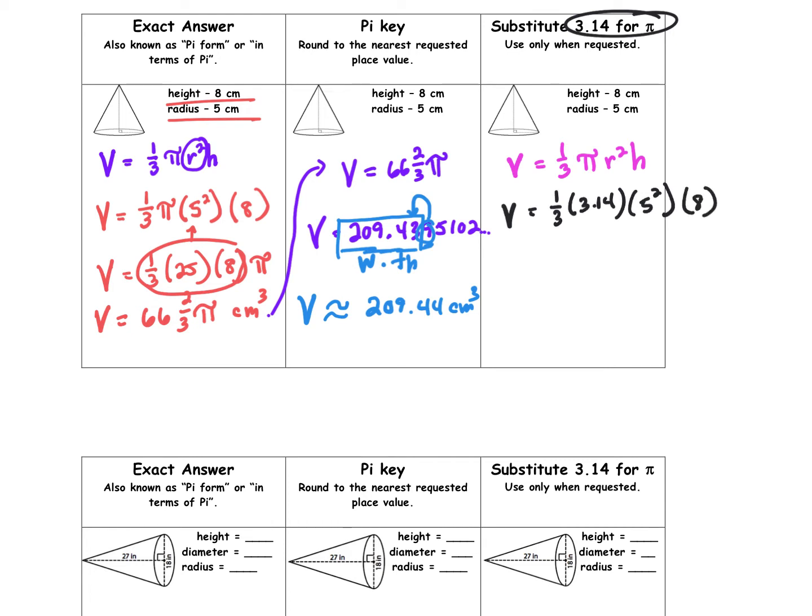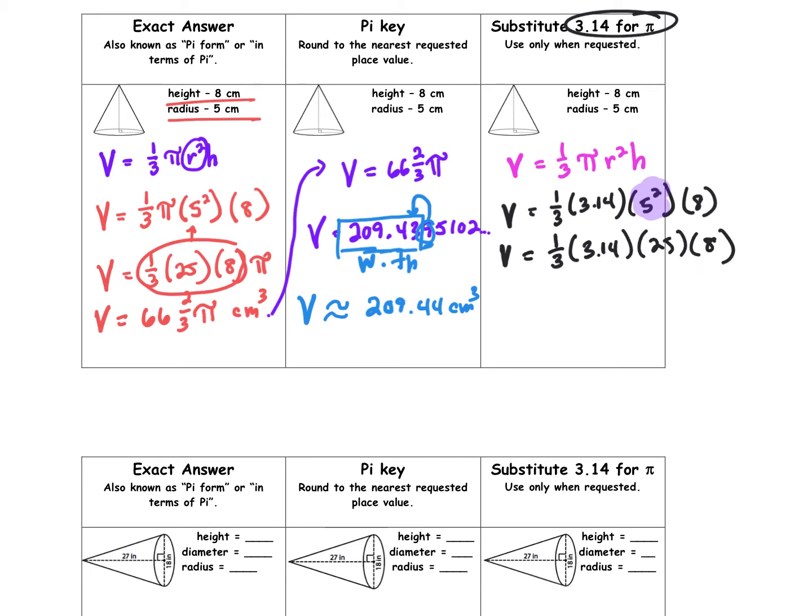So everything is the same except now pi, we were able to replace that. So once again, we have to square according to order of operations. We're going to do this first. So that becomes volume equals 1/3 times 3.14 times 25 times 8.